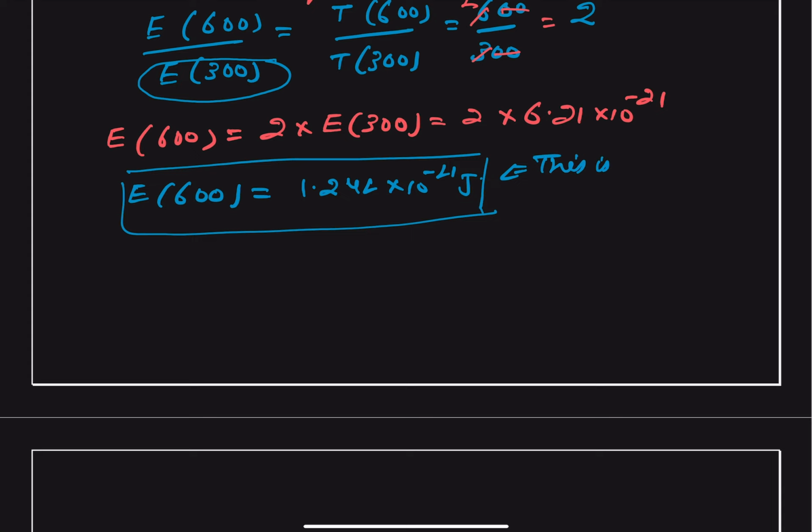So this is the translational energy at 600 Kelvin. Similarly, we are going to find out the RMS speed.